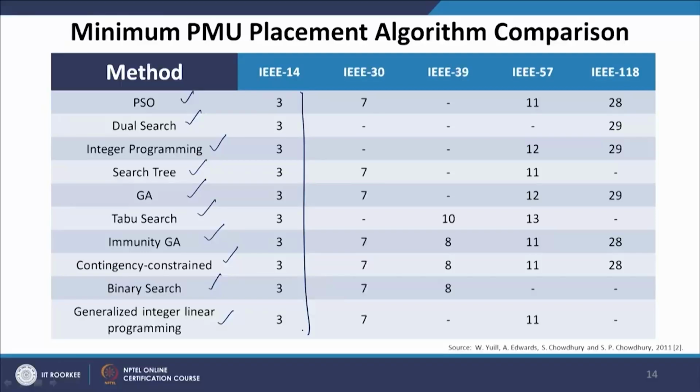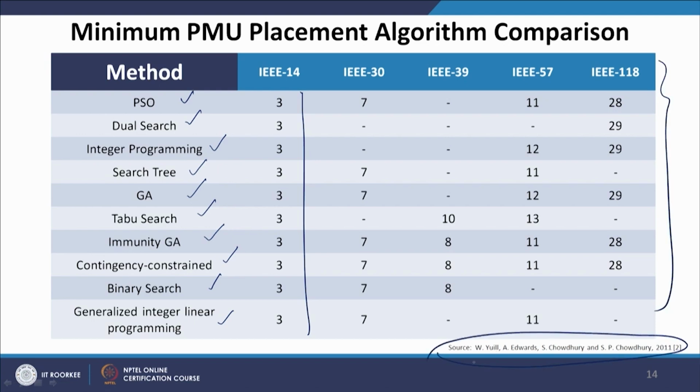However, in the 30 bus system it is 7, in the 39 bus system it keeps on varying: 10, 8, 8 and so on. For 57 it is 11 to 12 and 13, and for the 118 bus system it varies from 28 to 29.